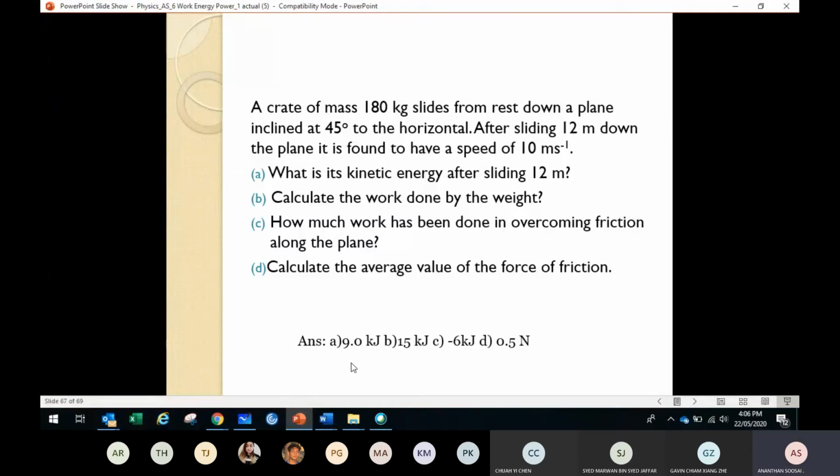Although work done is scalar, if the force and distance traveled are in the same direction, work is positive. If the force and distance traveled are in opposite directions, we say the work is negative. Let's say a car is moving forward.